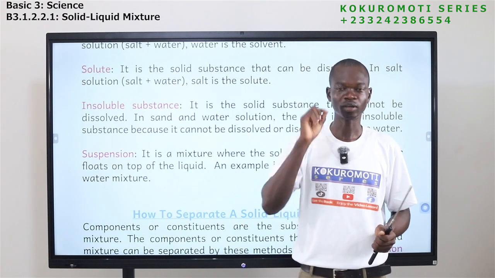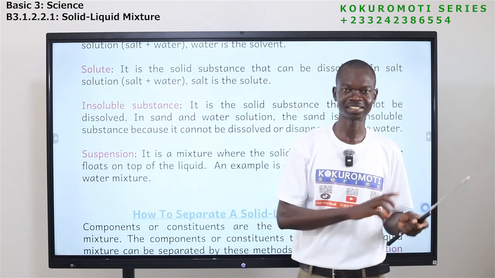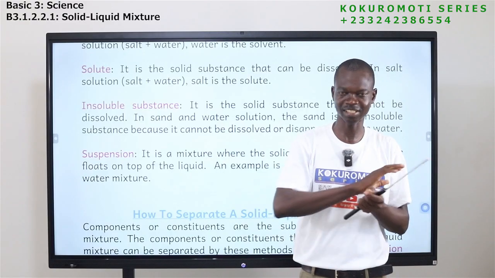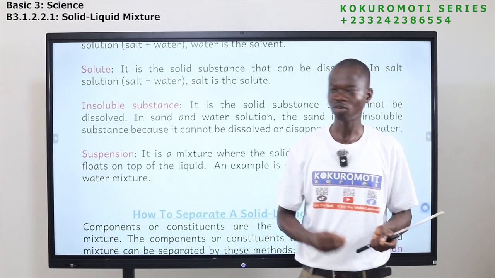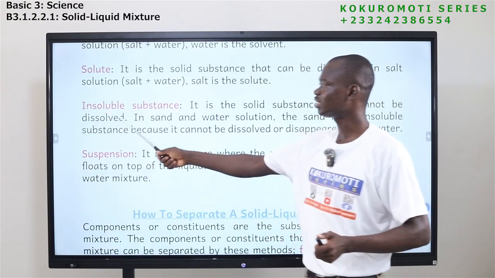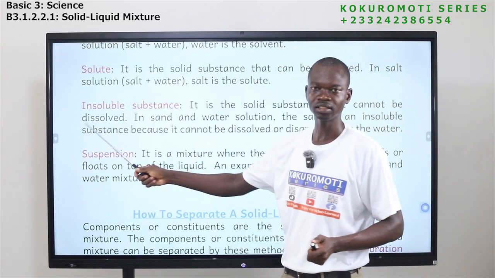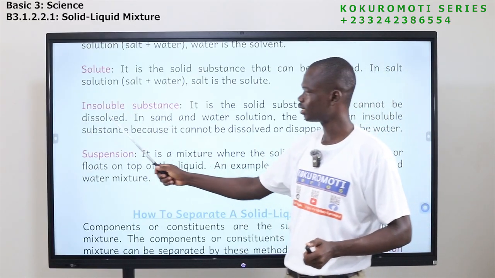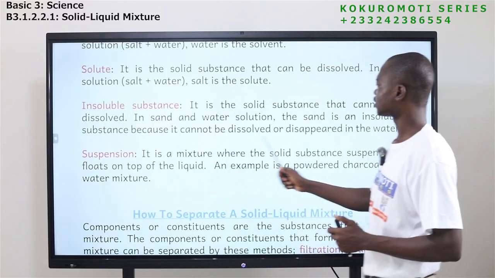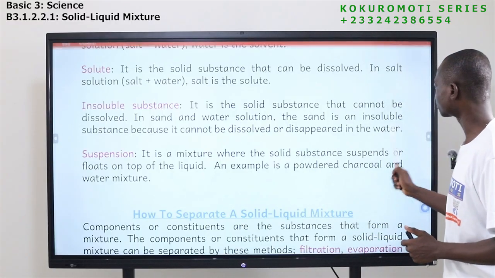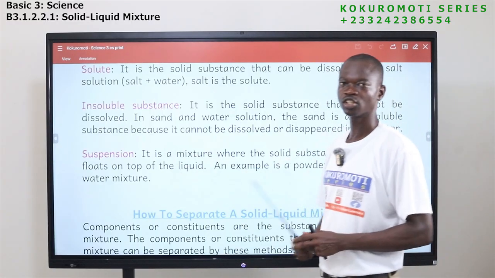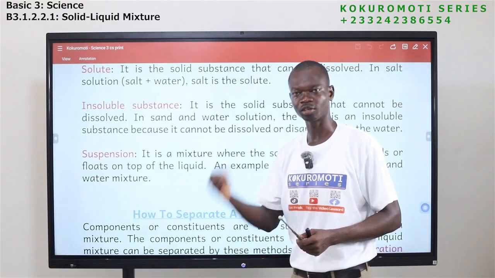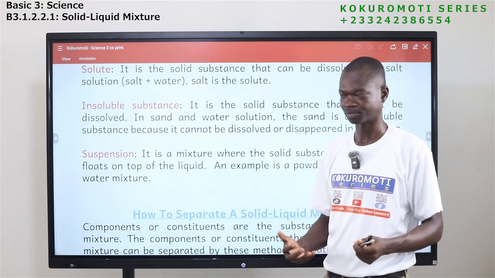There is no way the water can dissolve the sand or cause the sand to disappear. So we call the sand insoluble. It is the solid substance that cannot be dissolved. So any solid substance that cannot be dissolved is called insoluble.